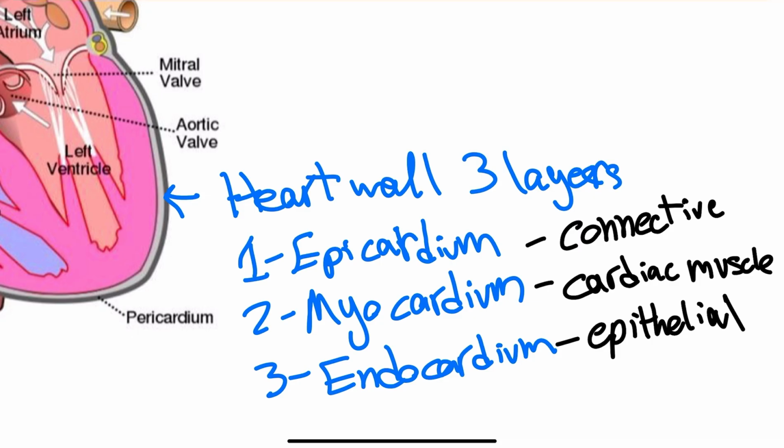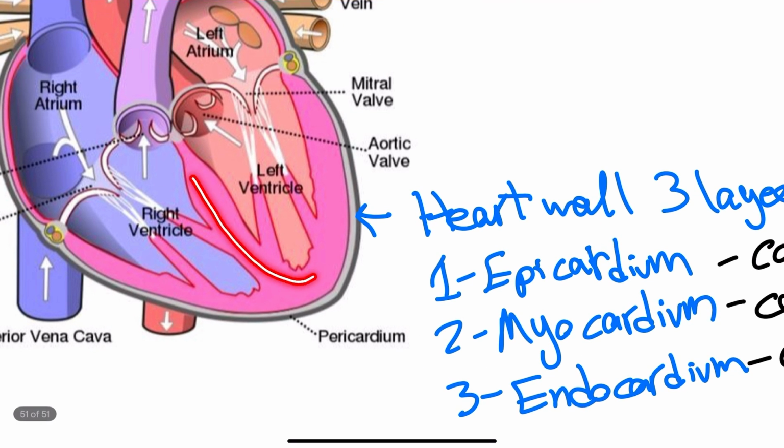The endocardium is actually what's in contact with the blood that is coming through, so it's going to be on this very inner layer. Your myocardium is the muscle that pumps the blood, so that's why it's so thick here. We'll talk more about the ventricle, but basically the ventricle pumps the blood at high pressure.